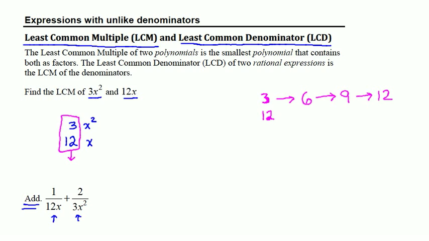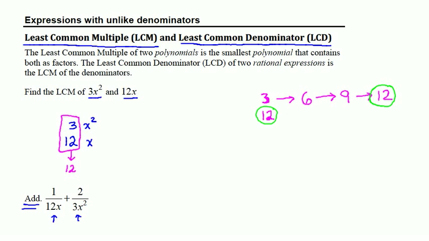In this case, it wasn't necessary to find any multiples of 12 because it turns out that the least common multiple is actually the value 12. So I stop as soon as I get a number that's common in both chains. So my least common multiple of 3 and 12 is just the value 12.